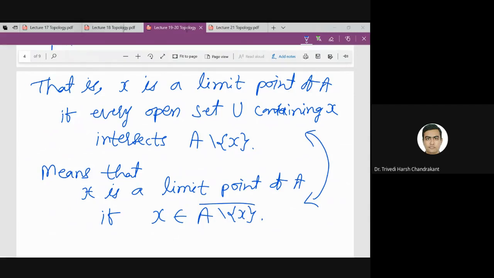And this is the definition of limit point. So this is an if and only if statement, right? This is just the mathematical meaning of the limit point we have written here, but the definition says it in terms of the closure of the set.